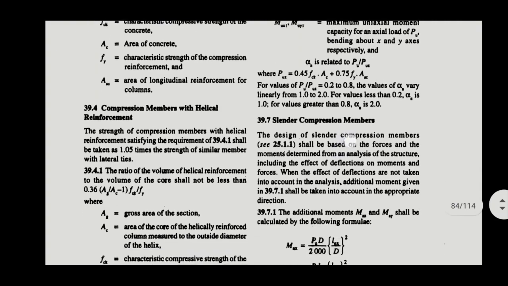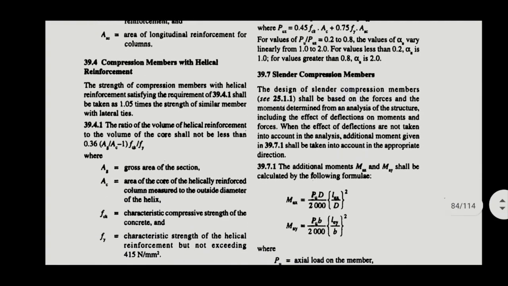Okay. Now, as per clause number 39.4.1, the ratio of the volume of helical reinforcement to the volume of the core shall not be less than 0.36 into (Ag by Ac minus 1) into fck by fy.